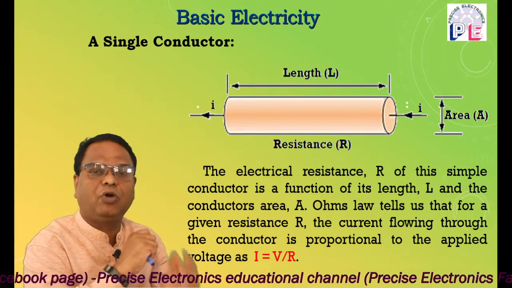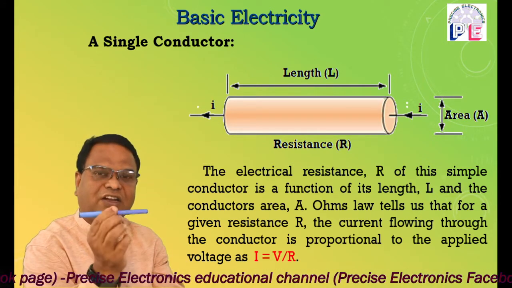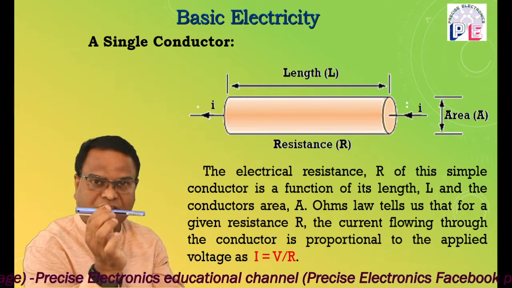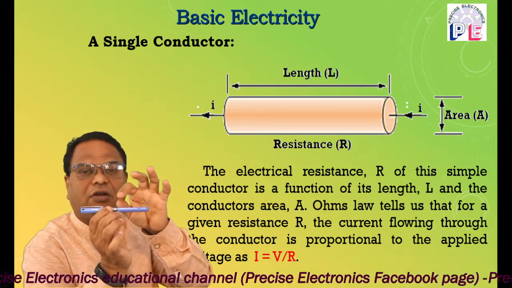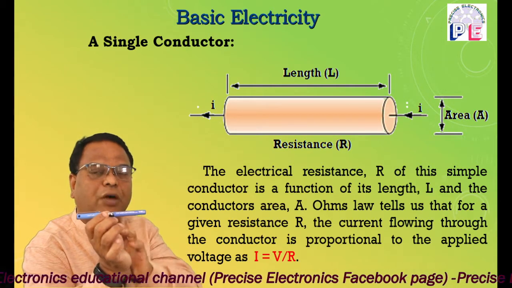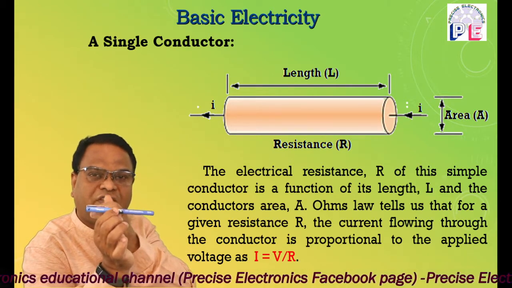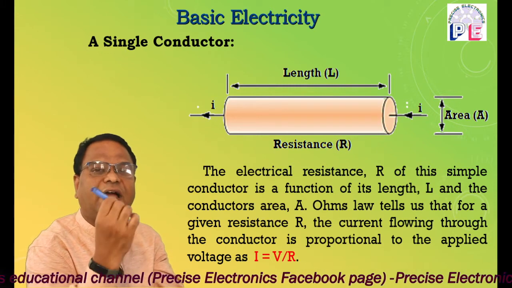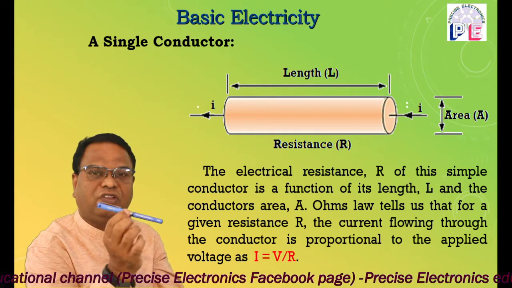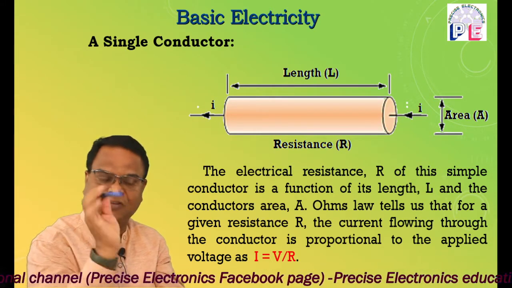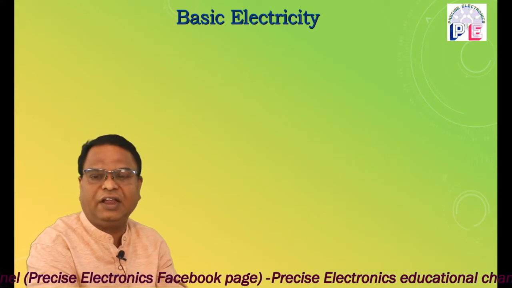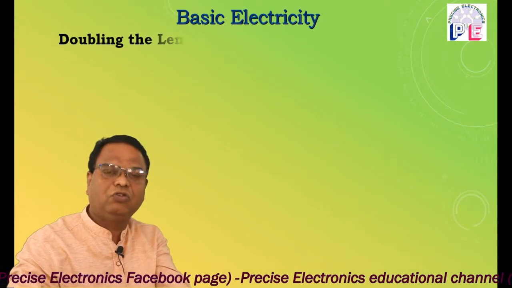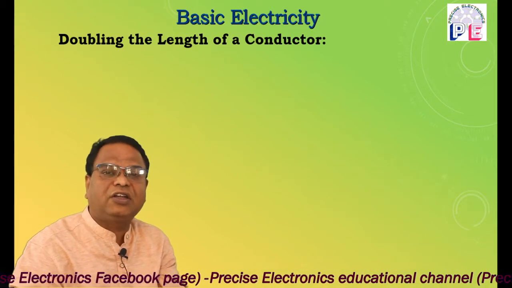In this conductor, the resistance is given by R is equal to V upon I, or the current flowing through this conductor is given by I is equal to V upon R, because in this case the resistance remains fixed.